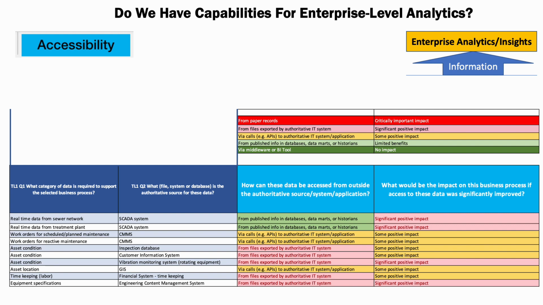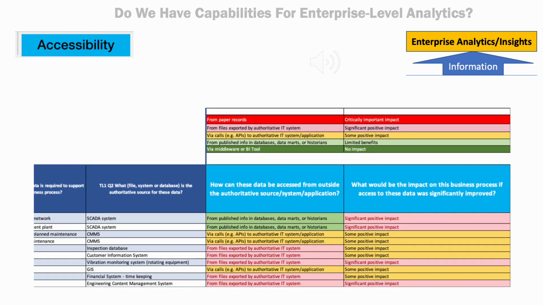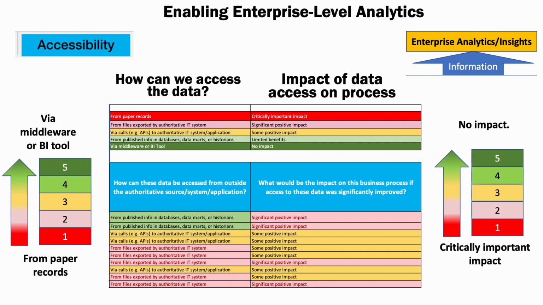The accessibility worksheet captures information that is related to the capabilities to enable analytics on the enterprise level. The question on the left collects information about the methods to access the data that is required for this process and resides in one of the systems or databases that are authoritative for each of the data categories.